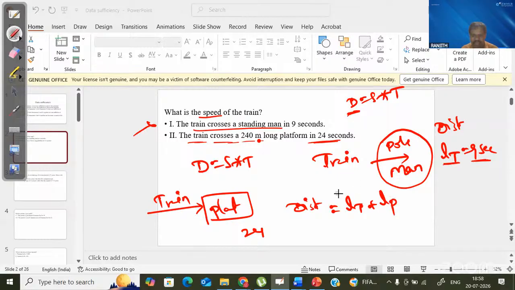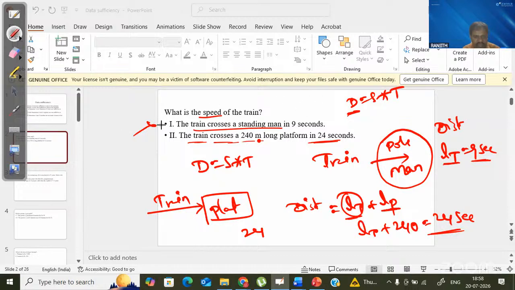We don't know the length of the train, but we know the length of the platform. So the length of the train plus 240 is covered in 24 seconds. So by using statement 2 also we are not getting the answer.